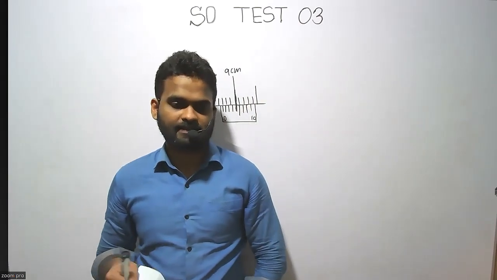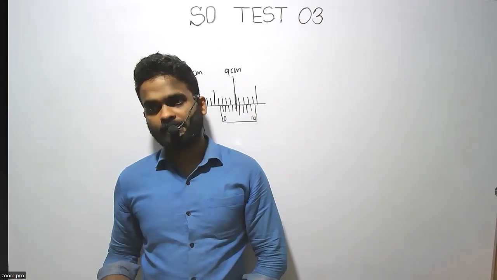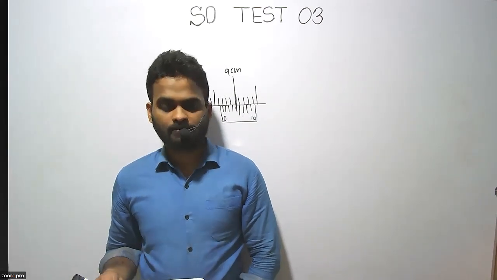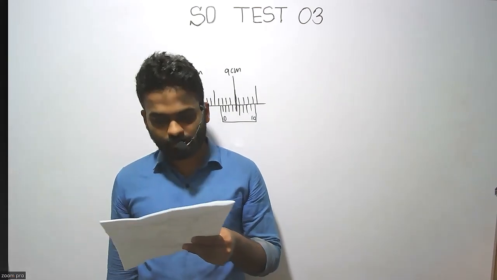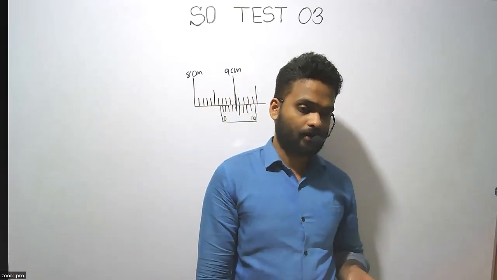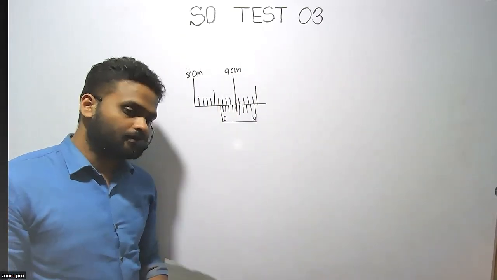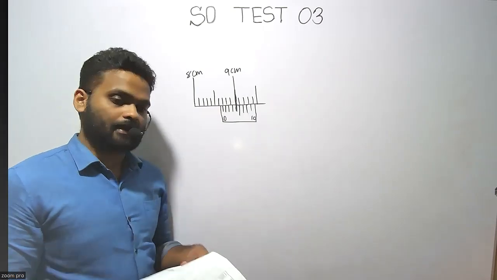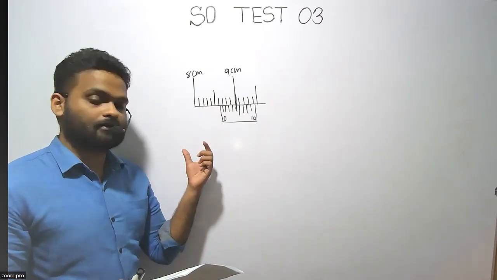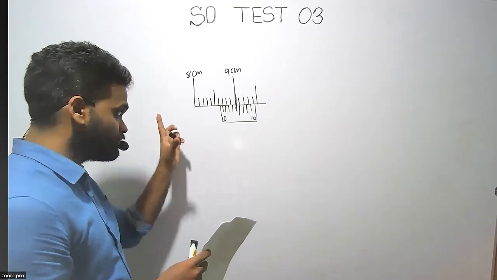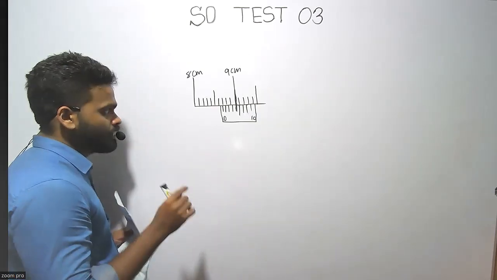So this is a vernier instrument available in the lab. Now clearly understand this. Still, many students don't know how to get a vernier reading correctly, so I can explain using this example.